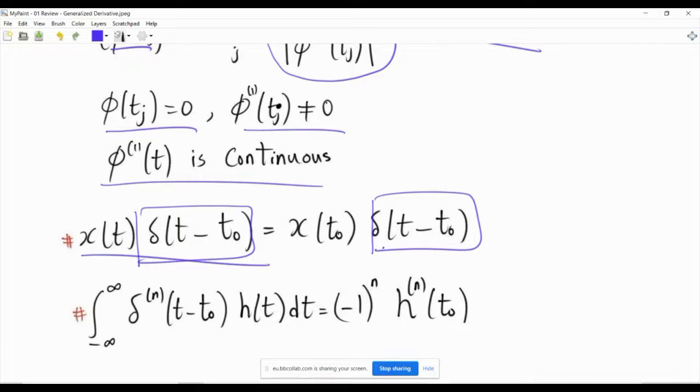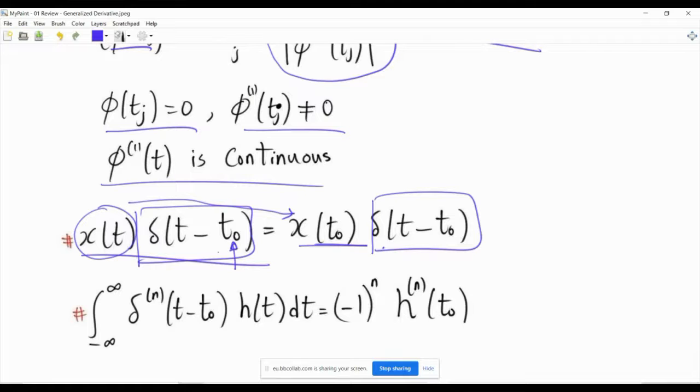It is left intact. And what you can do is replace this function of t by the function evaluated at the location or position of the Dirac delta.